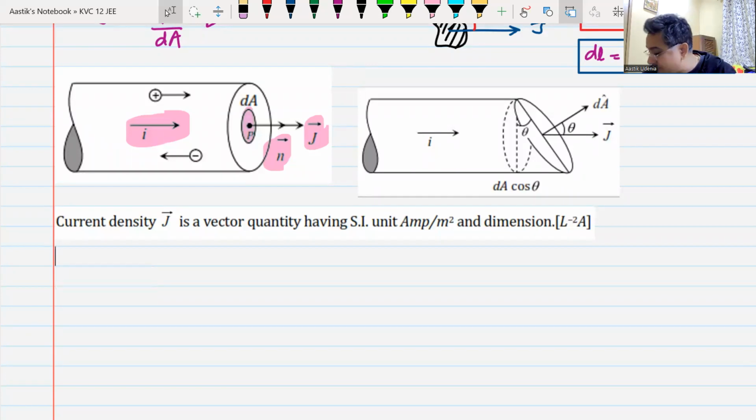The SI unit is ampere per meter square, and its dimension is L to the power minus 2 into A, where A is ampere and not area. Please remember, A is the dimension of current, which is ampere. I hope we understand this. Yes or no? Yes, sir. Good.